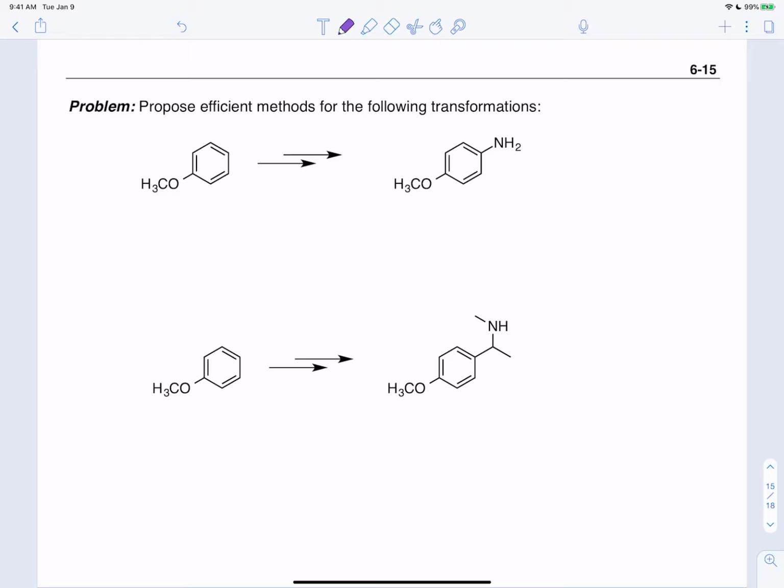These next problems are actually quite similar to some of the ones we've seen before. This first example is pretty much directly out of both the notes and topic 2. So we know that we need to introduce a nitrogen group. It needs to be in the para position to methoxy. We know that methoxy groups are ortho-para directors. So we can just use nitration.